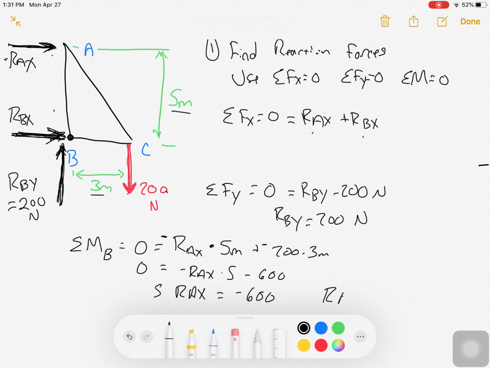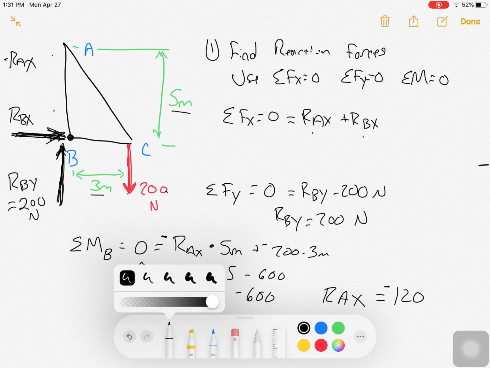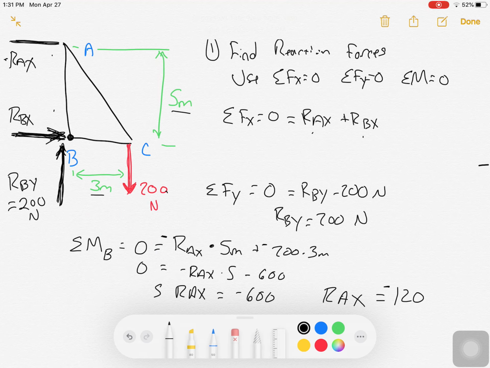And we find that RAX then must equal 120, which is just 600 divided by 5. Oh, negative 120. We don't want to forget that. Now, what does that negative sign tell us? It tells us that RAX is drawn in the wrong direction. So instead of going to the right, it should be going left. And it's 120.